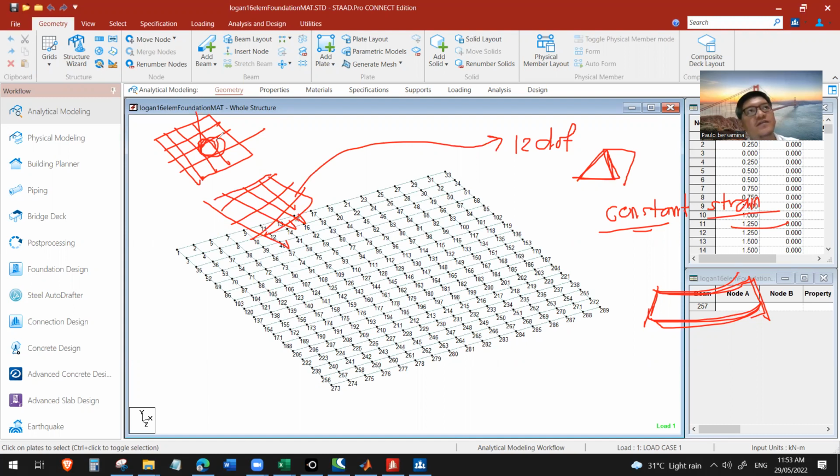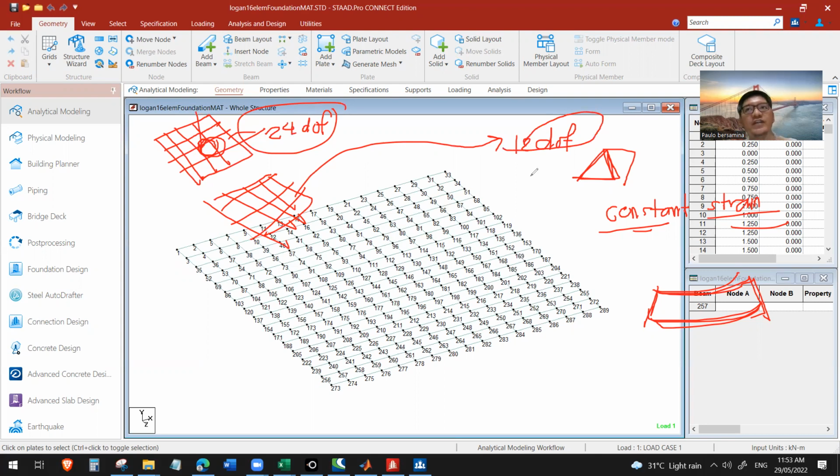So 1 2 3 4, apat, lagyan mo pa ng another node sa gitna, so 8 nodes times 3, that will be 24 degrees of freedom. So mas accurate, more accurate than just using 12 DOF.